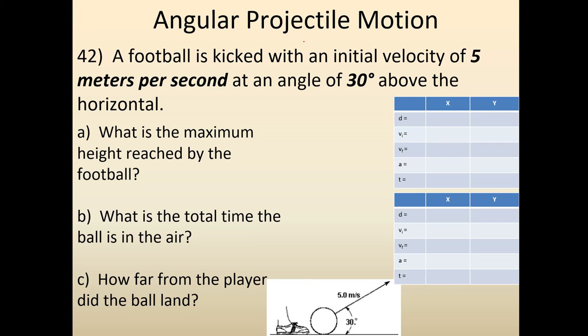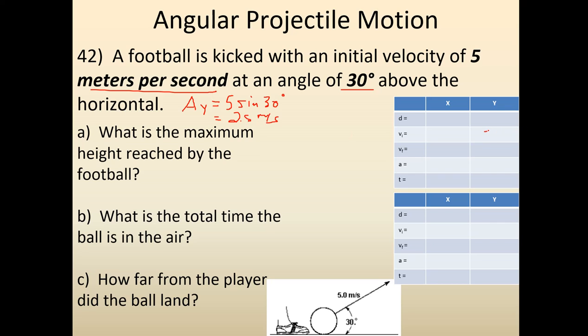All right. So once again, the moment I see this angle and I see that I have a velocity in meters per second, I'm going to do SOHCAHTOA. So AY is A sine theta. So this will be 5 times sine of 30. So AY is going to end up giving me 2.5 meters per second.